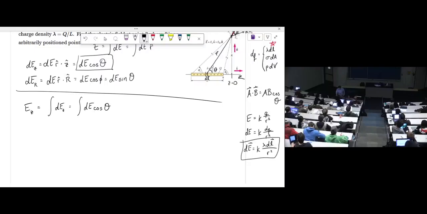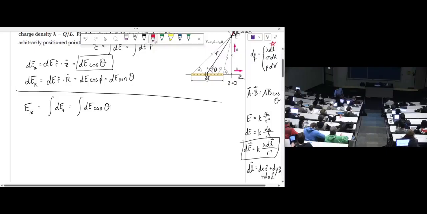The reason that's important is because when I wrote down at the bottom of the page, very early on, dl is equal to dx times i hat plus dy times j hat plus dz times k hat. Well, I'm only integrating over z, and so this is the only thing that I have to consider here, the integral over z.